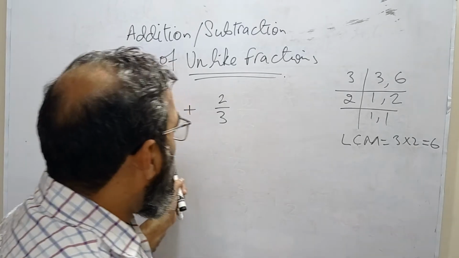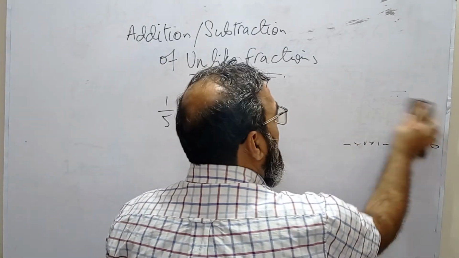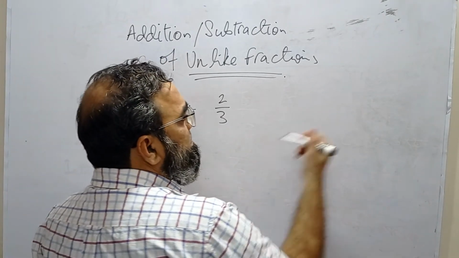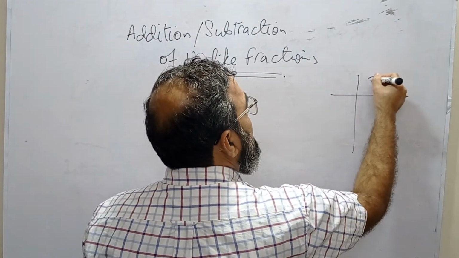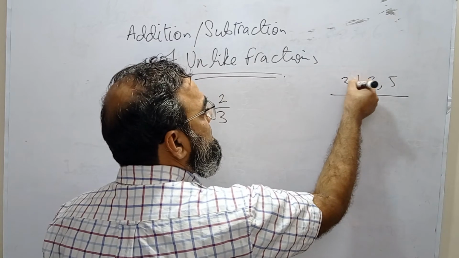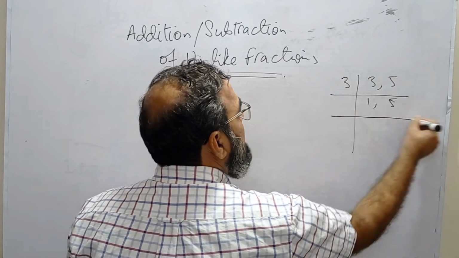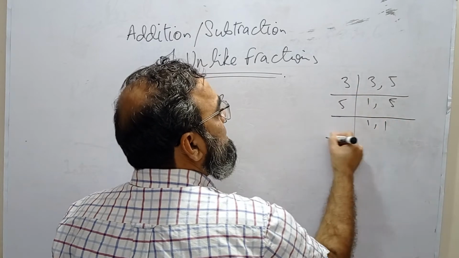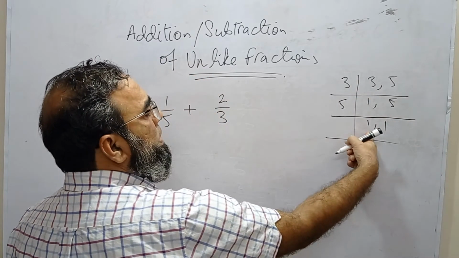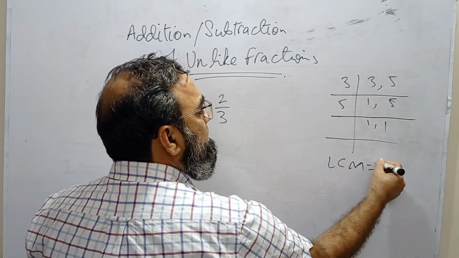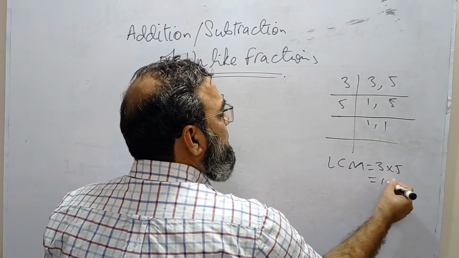So right now I'm just assuming that you guys know how to find the LCM, okay? The LCM of 3 and 5: 3 one times, this 5 will stay as it is, then 5 one times, okay? So we have the 1s here, so the LCM is going to be 3 times 5. That is going to be 15.